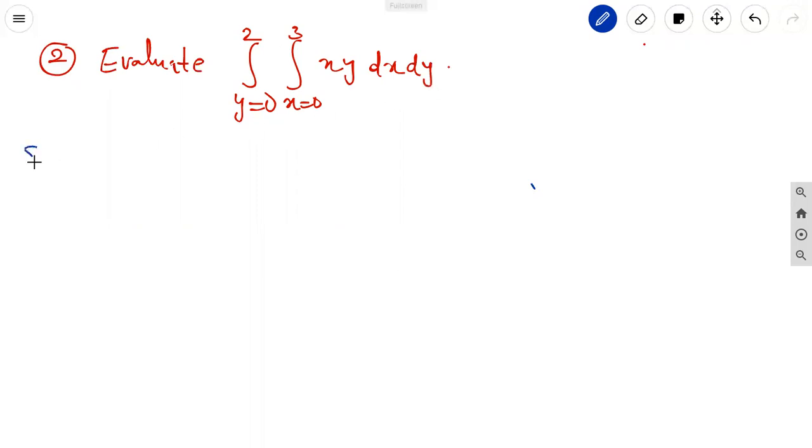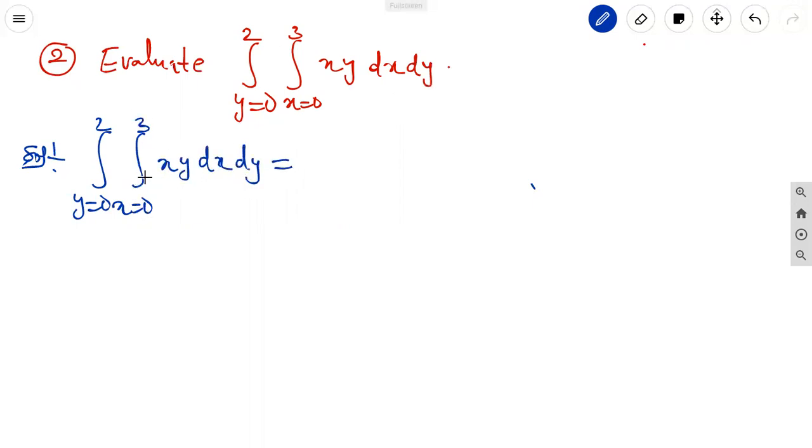So here, first taking the double integral y equal to 0 to 2, integral x equal to 0 to 3, xy dx dy. The first integral is with respect to the x variable.